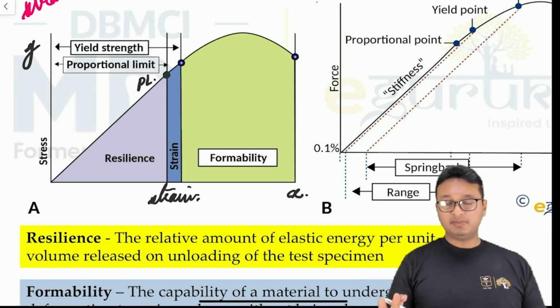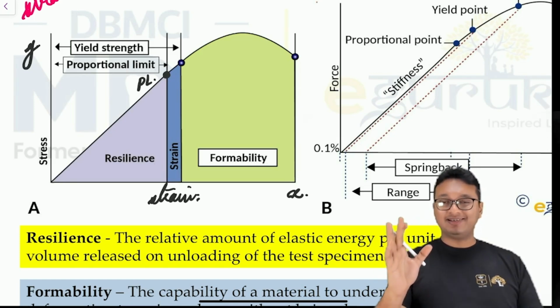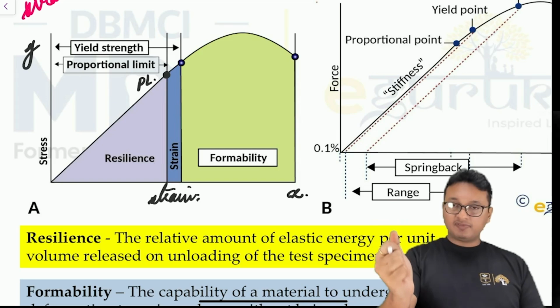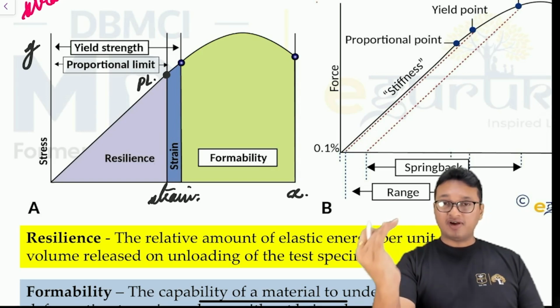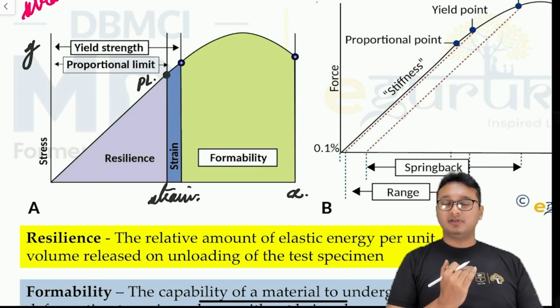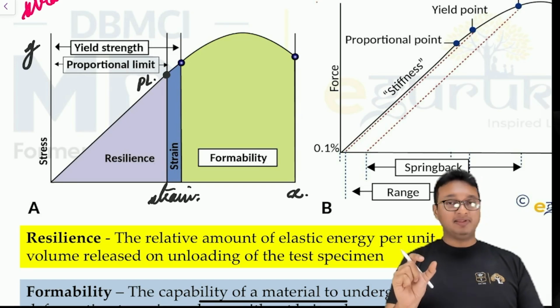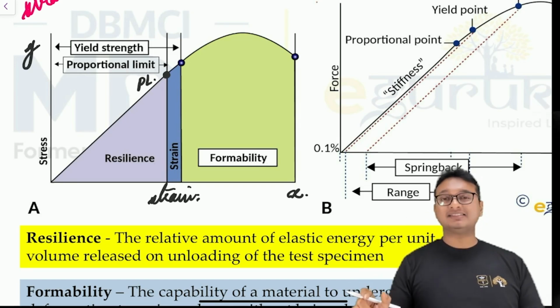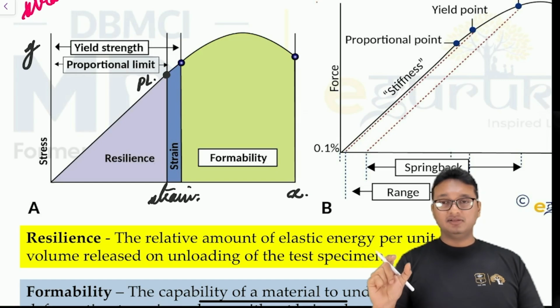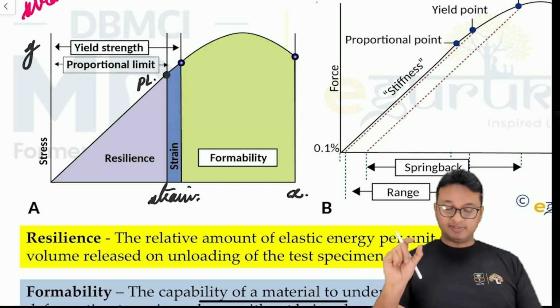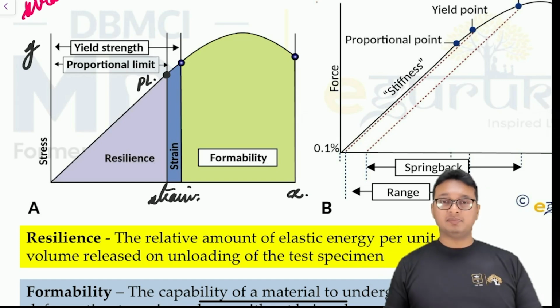What is the meaning of proportional limit? It is the point up to which, even after removal of the stress, the wire returns to its original form and original length. That means there is no plastic change in the structure of the wire. Up to that point is known as the proportional limit.